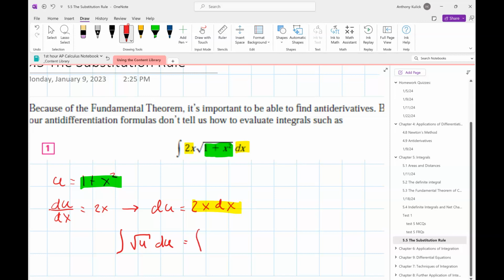So we probably want to think about that as u to the 1/2 du. So it's the antiderivative of u to the 1/2, which is u to the 3/2 over 3/2, or really 2u to the 3/2 over 3, right?